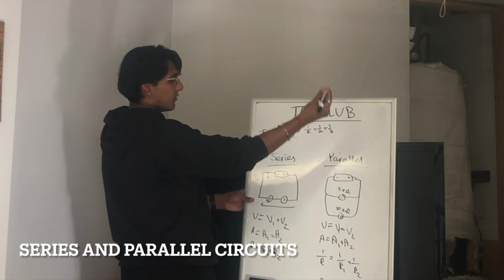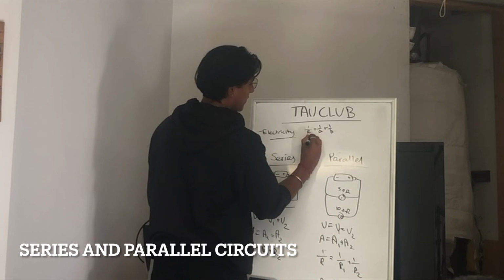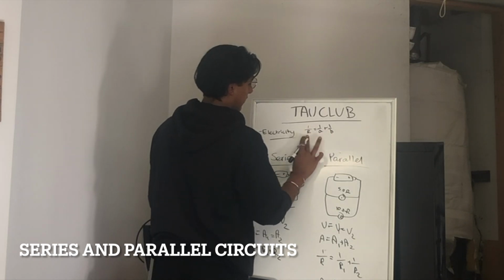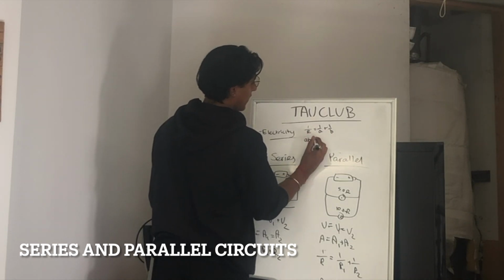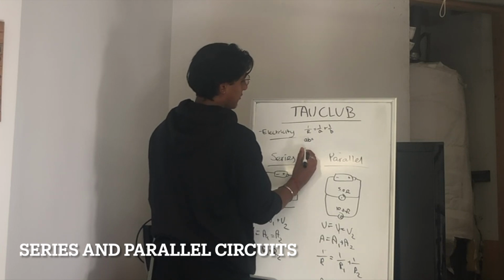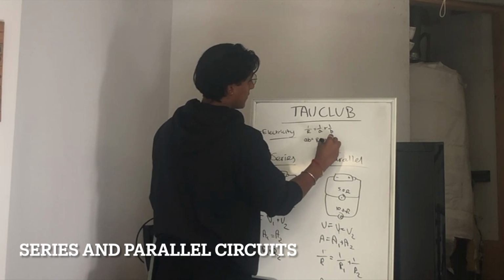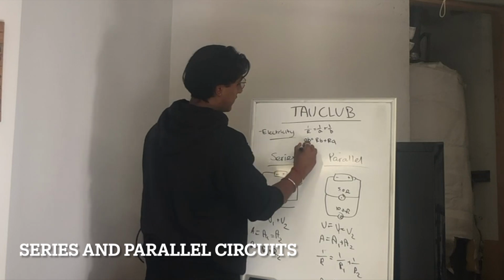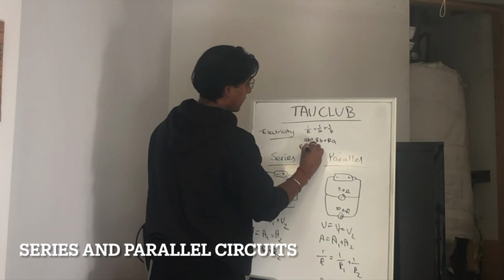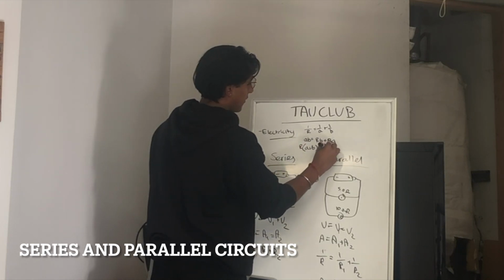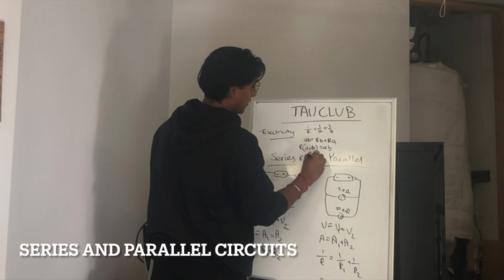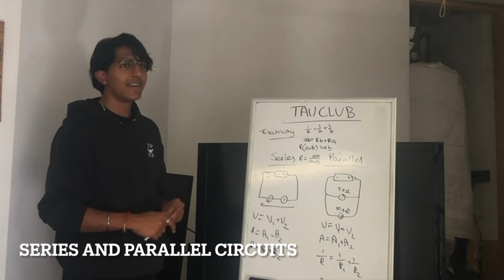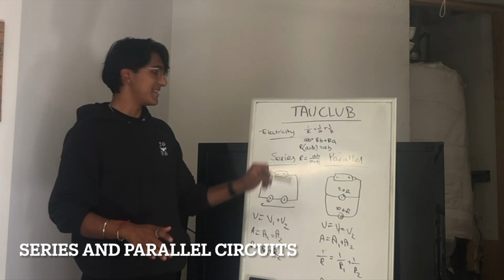If you wanted to switch it around, then it would be ab is equal to rb plus ra. And so r of a plus b is equal to ab. So r is equal to ab by a plus b. It is not a plus b, it is ab by a plus b.